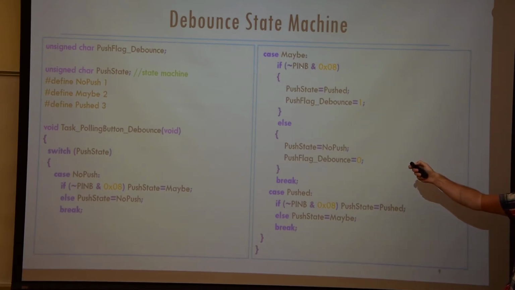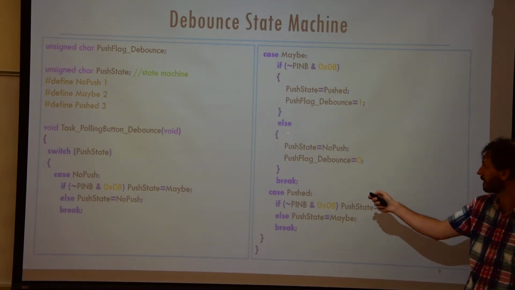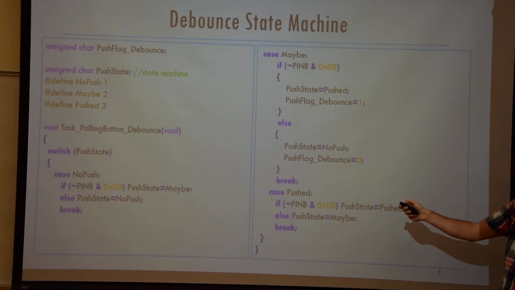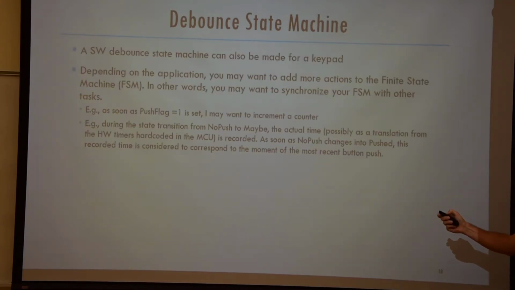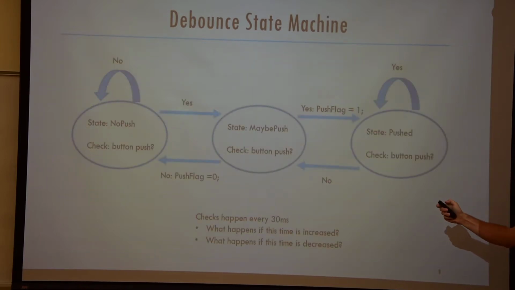In the maybe case, if I indeed see a push, then I go to the pushed state, and I may introduce a push flag debounce equals 1 that I've not explained. Well, anyway, I did not really explain that at all.